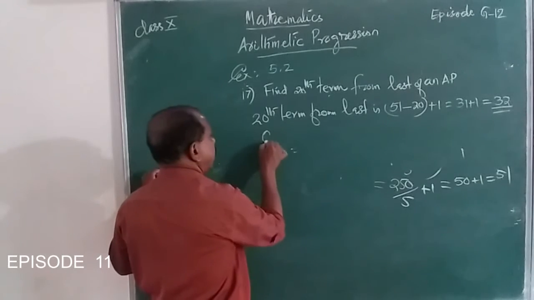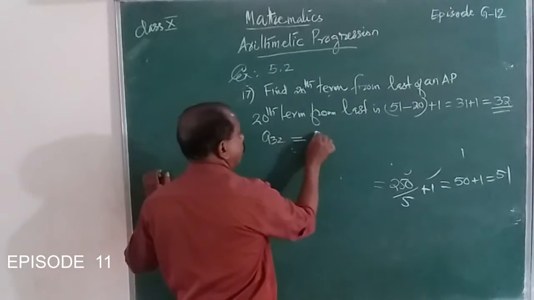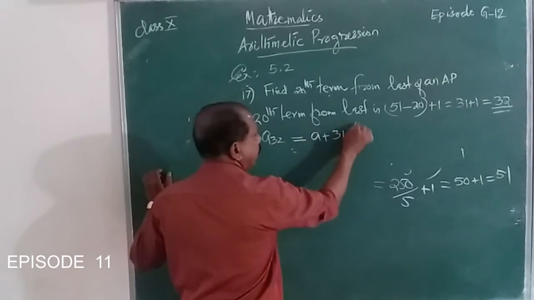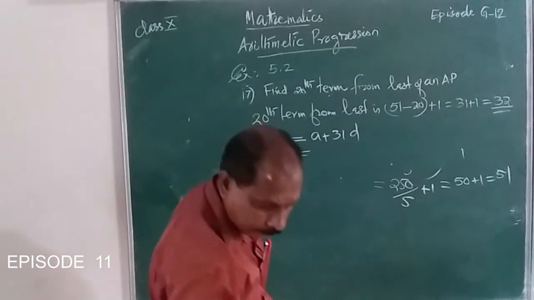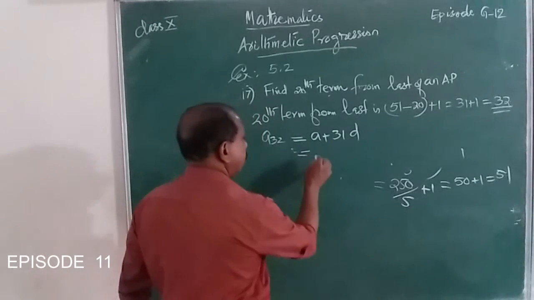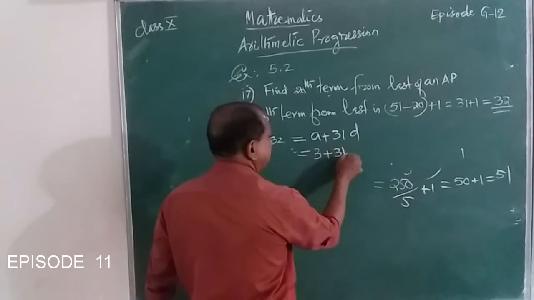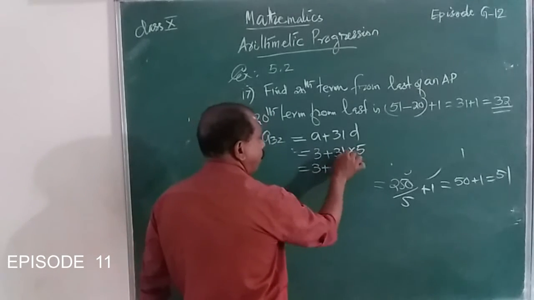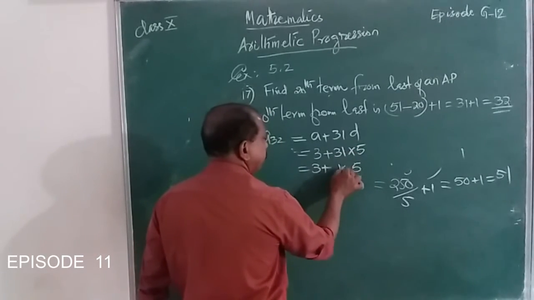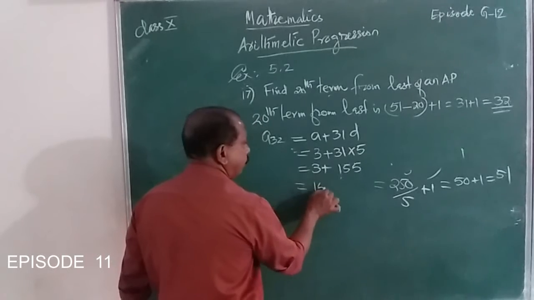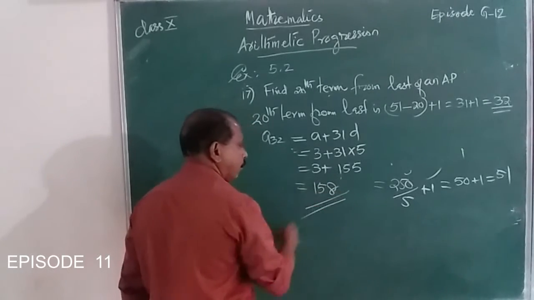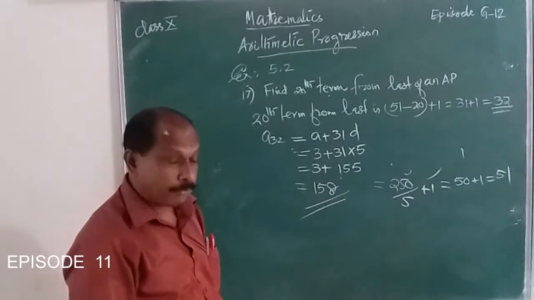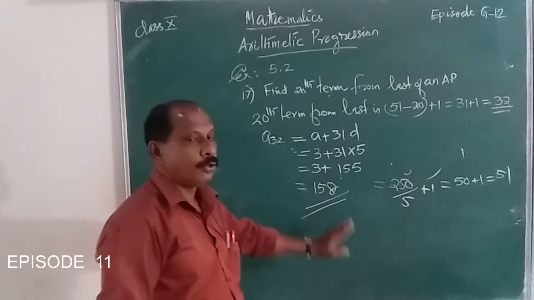That is A32 is equal to A plus 31D. What is A? It is 3. What is D? It is 5. So that is 3 plus 155, which is equal to 158. Therefore, the 20th term from the last is 158.